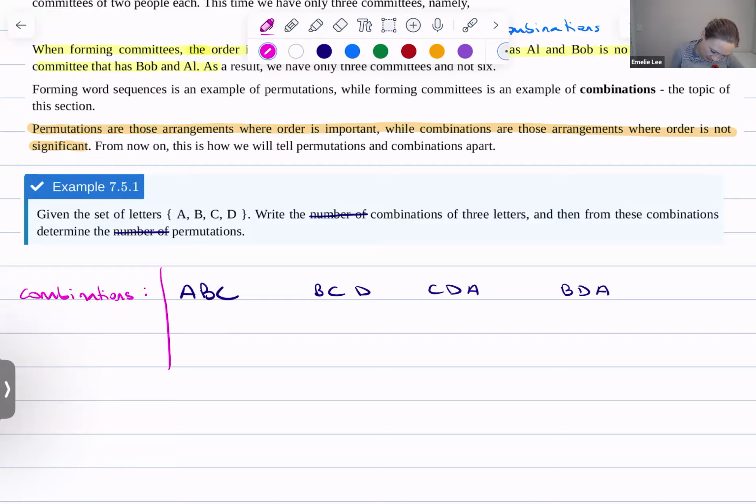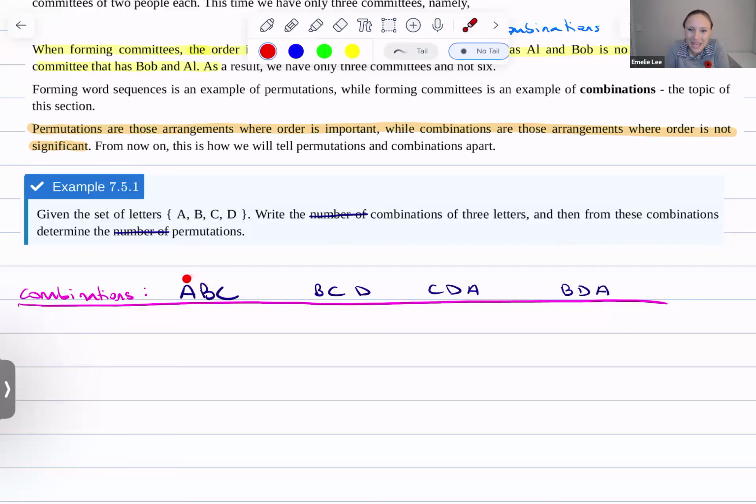Here, oops, I shouldn't have drawn that line like that. I should have drawn it like this. Now, from each of these, what we can do is we can write out, well, if order matters, then I could rearrange this and write BAC, BCA, CAB.